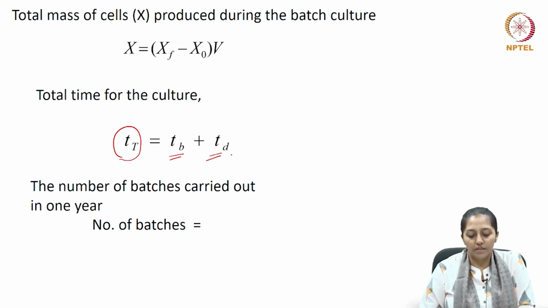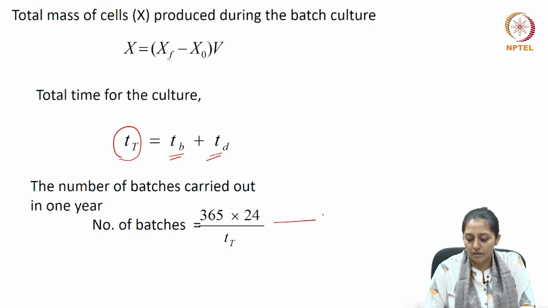So the number of batches which can be carried out in 1 year can be calculated as given in the equation. 1 here, 365 the number of days, 24 the number of hours in each day, and total time given as T with a subscript capital T. So this will give us the total number of batches which can be run in an entire duration of 1 year.